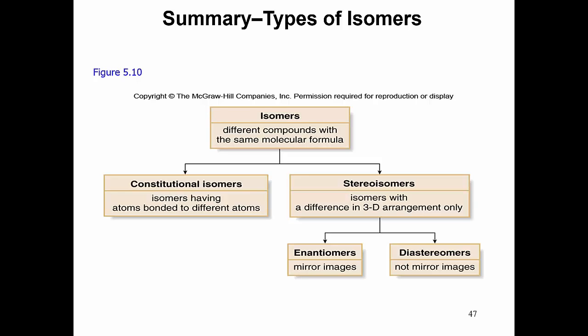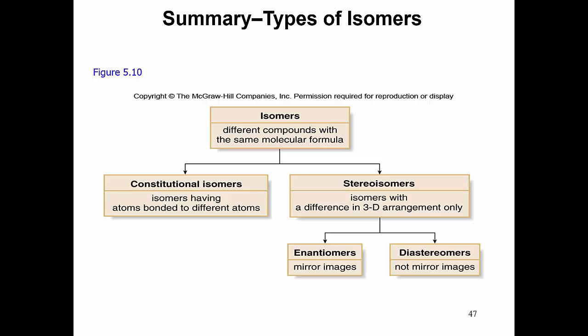So isomers are different compounds, essentially with the same molecular formula. Constitutional isomers have atoms bound to different atoms. Think about that. So we move an H from a carbon over here, we move that hydrogen to a different carbon, but you still have the same molecular formula. We've moved atoms around, but you still have the same formula.